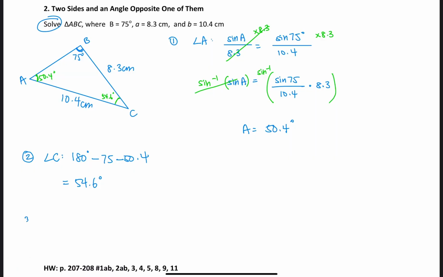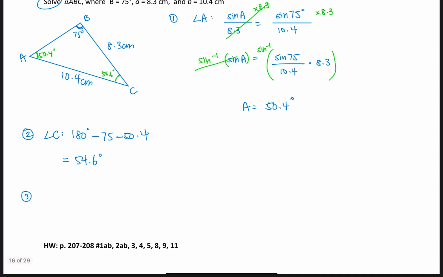Okay, and then the last thing we're missing is side length C. So let's set it up like we did in the previous example. If we're trying to find a side length, let's use the form of sine law where the side lengths are on the top. So little c divided by sine of big C, which is 54.6 degrees, will be equal to, and let's just use what we already set up before. So let's use B. Make sure that all of your side lengths are at the top.